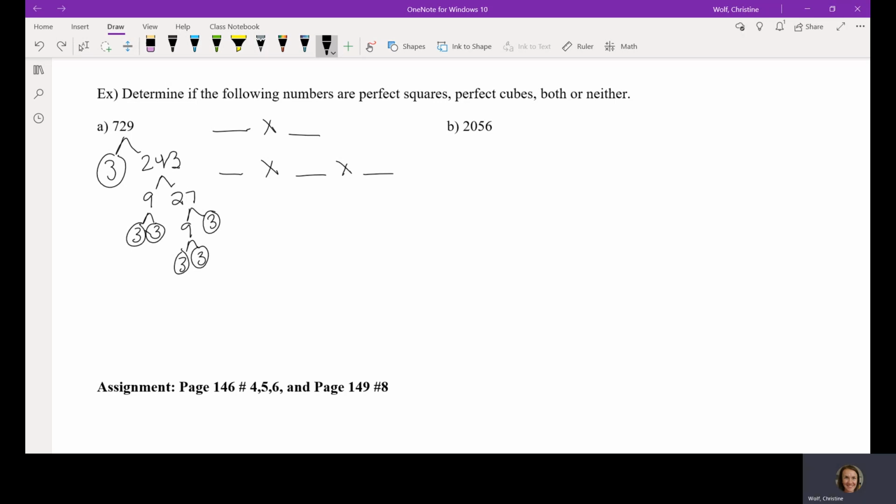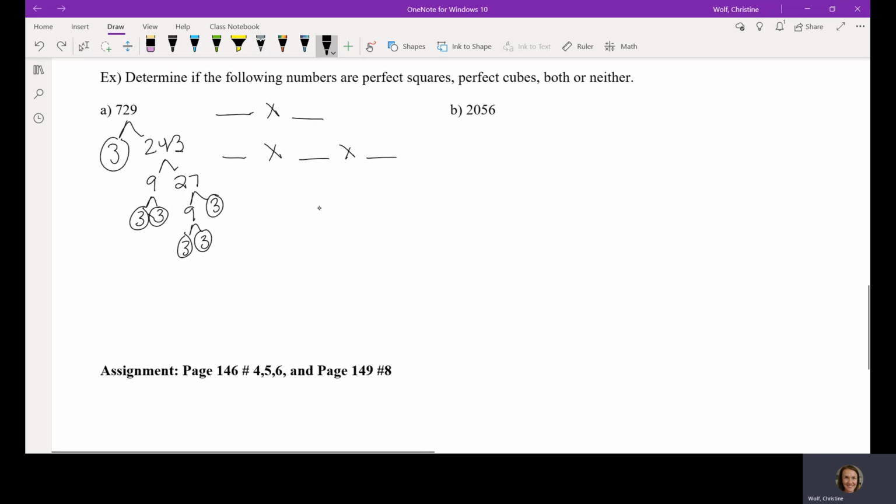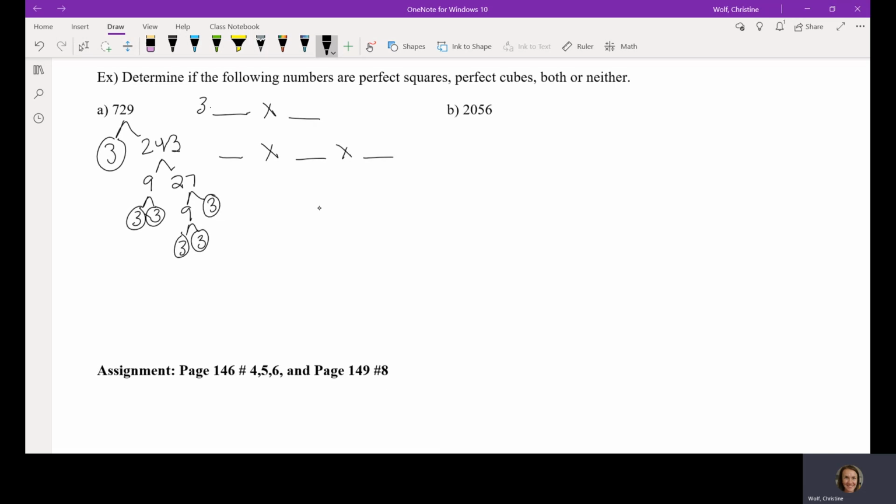So if I start with perfect square, I have 1, 2, 3, 4, 5, 6 3s. So I could go 3 by 3 by 3 times 3 by 3 by 3. So yes, I can create 2 identical groups. And so that means that 3 times 3 times 3 is 27. Yes, it is a perfect square and the square root is 27. Now, can I create 3 identical groups?